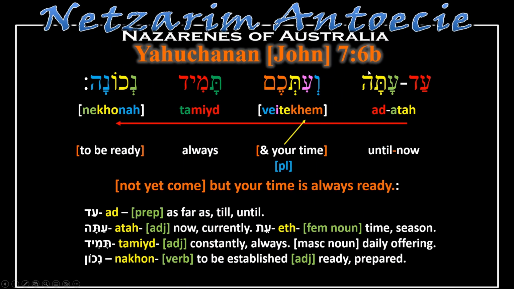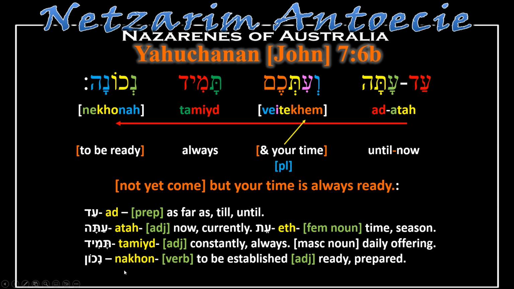And now we come to 6b. We have an ayin, a dalet. Ayin, tav, hey, vav, ayin, tav, kaf, mem sofit, tav, mem, yod, dalet, nun, kaf, vav, nun, hey. And we read, ad, which can be translated as until, ata, meaning now.